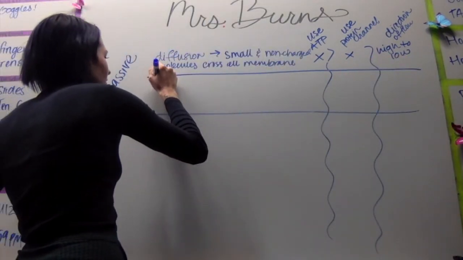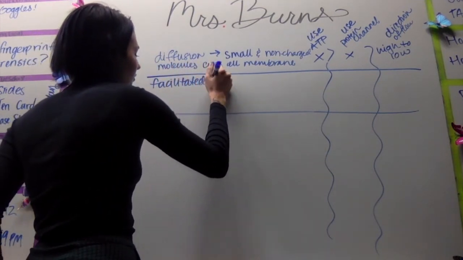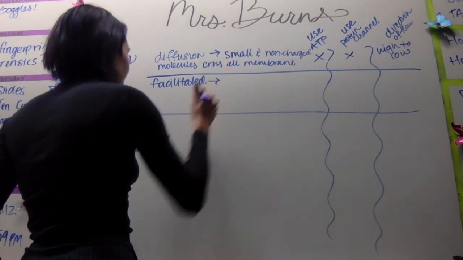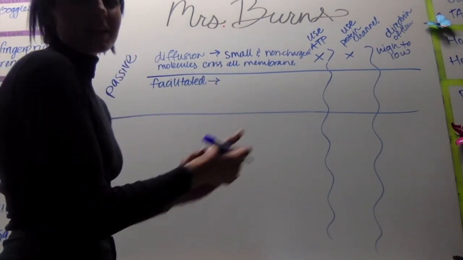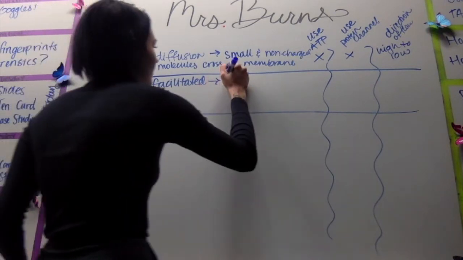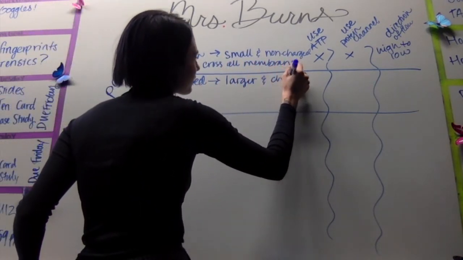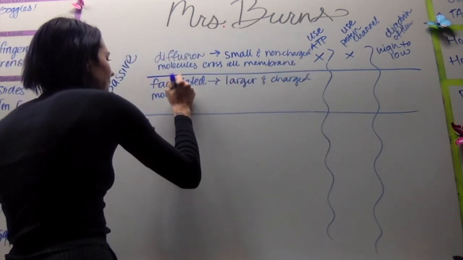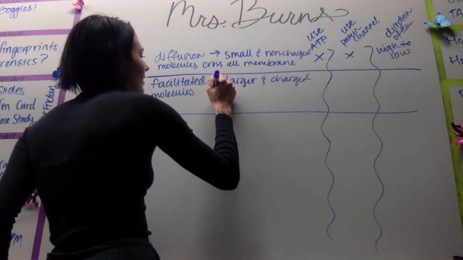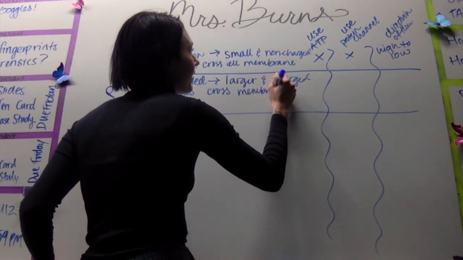That's where they'll use facilitated diffusion or facilitated transport. That's because they need the facilitating. They need the help. So this is larger and or charged molecules crossing the membrane with the help of a protein channel.